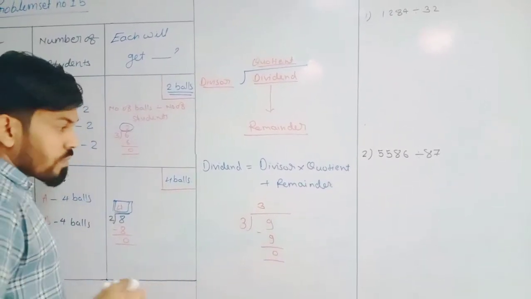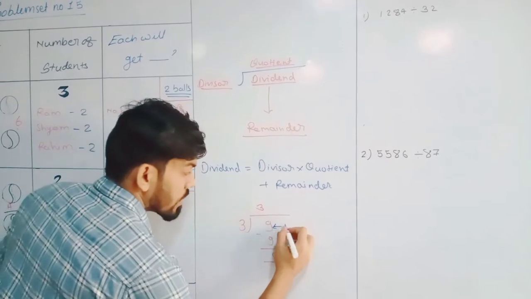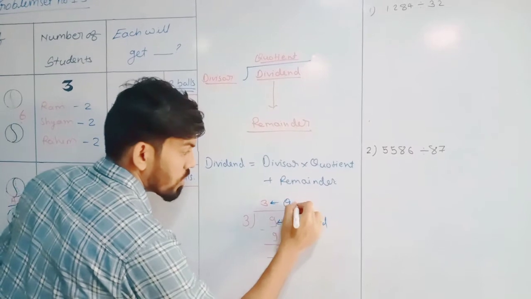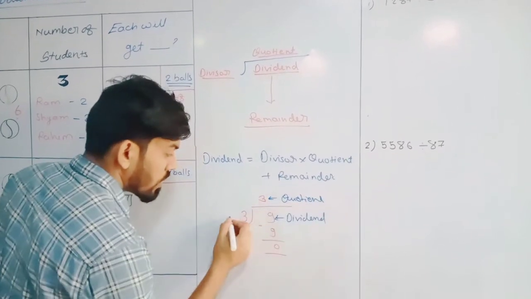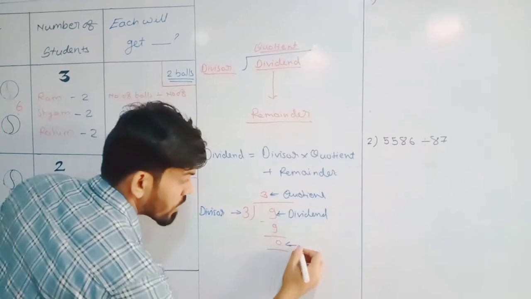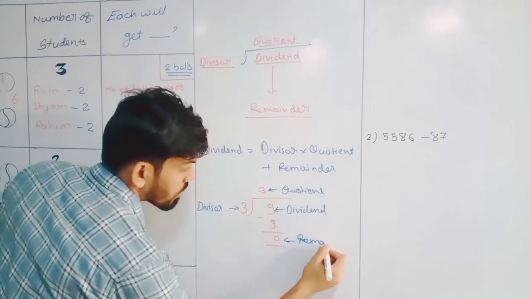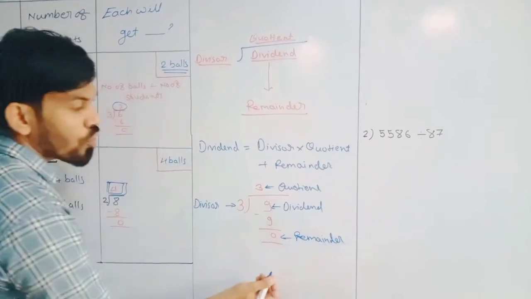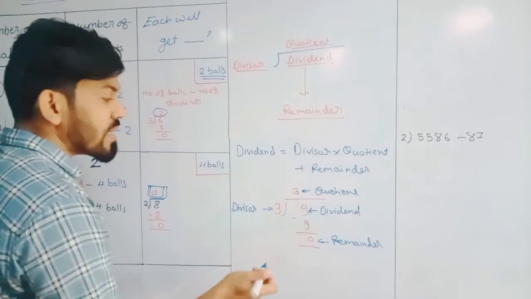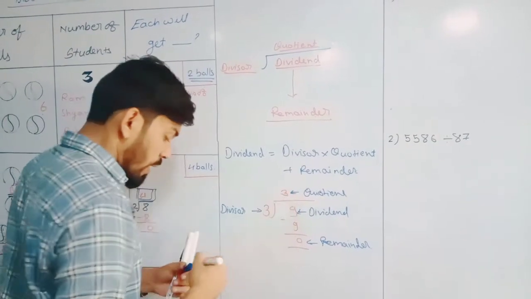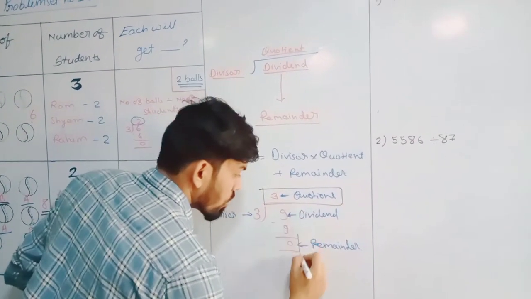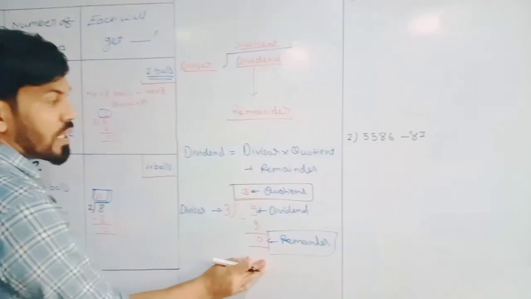Here this 9 is the dividend, this 3 is the quotient, this 3 is the divisor, and this 0 is the remainder. Whenever we solve sums of divisions, the 2 most important things that we have to write are the quotient and the remainder.